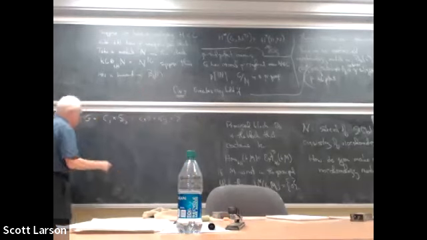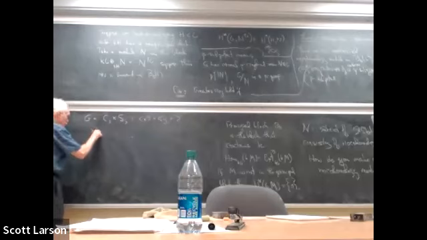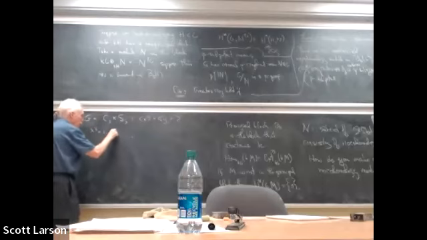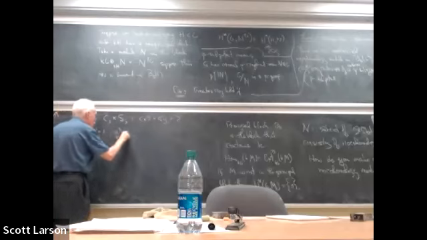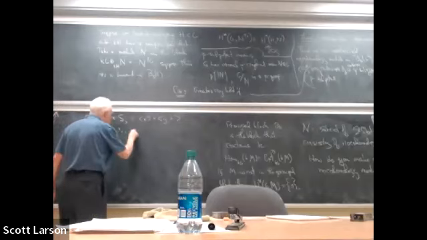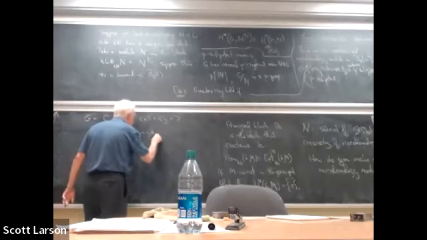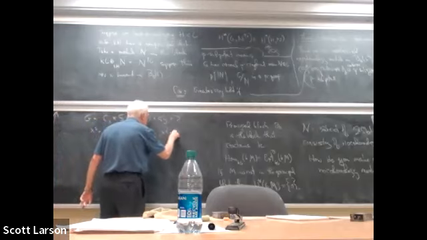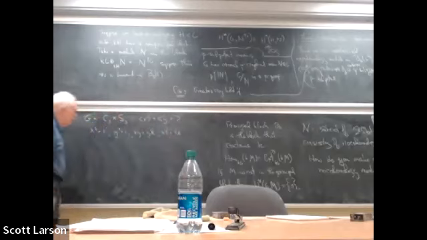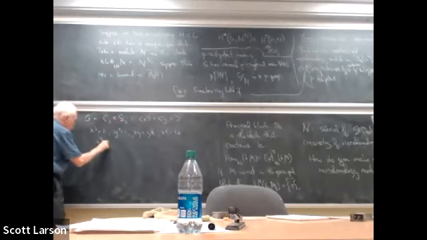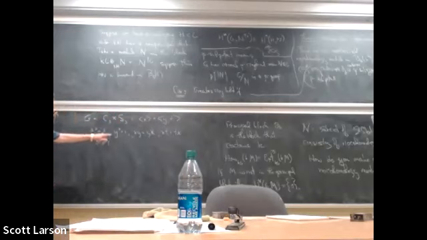And so your relations are x cubed is 1, y cubed is 1, x commutes with y and t, and t squared is 1. t is a 2-cycle in this symmetric group.